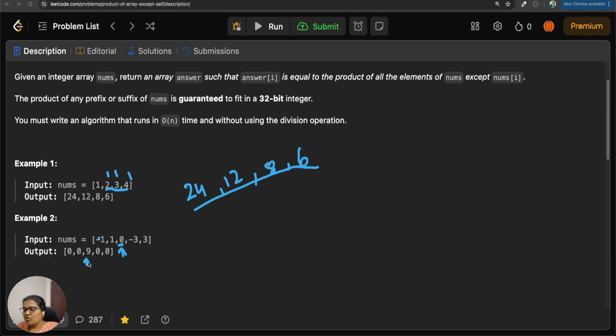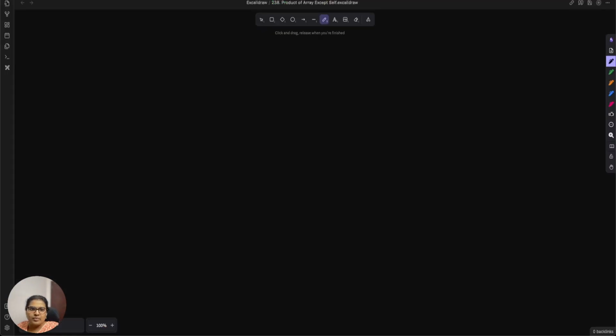So let's look at how we can solve this problem. Okay. Let's take a different example and see how we can solve this. Let's say our input array is 2, 3, 4, and 5.